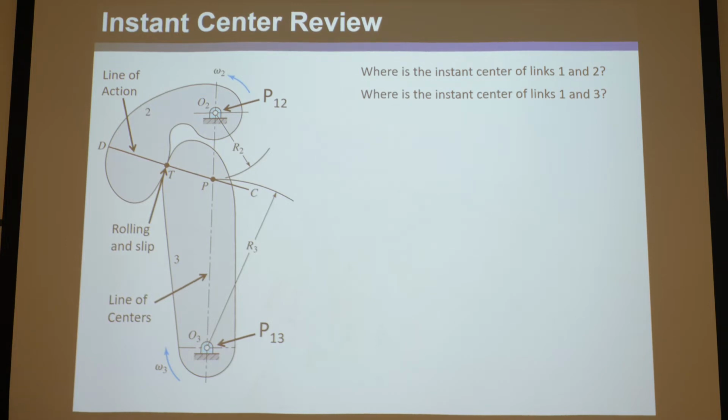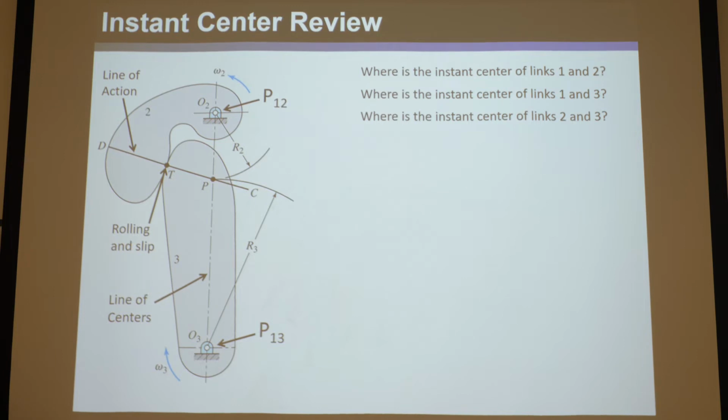Now the question is, where's the instant center of links 2 and 3? In other words, can you imagine where both bodies have the same velocity? Well, that's much trickier to do. So I recommend you use the Arnold-Kennedy theorem.